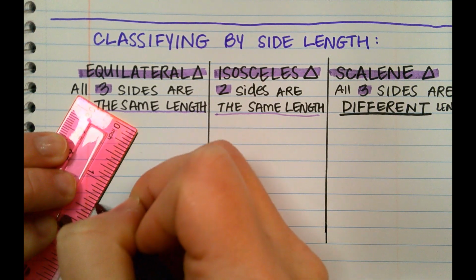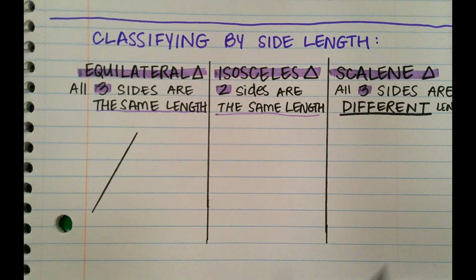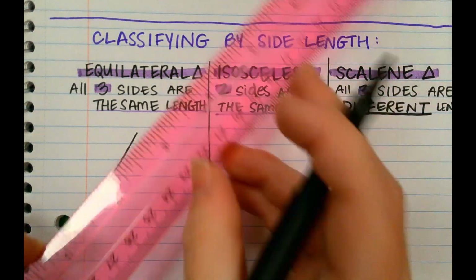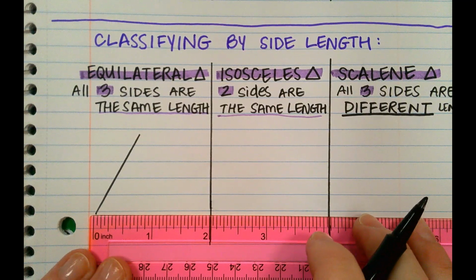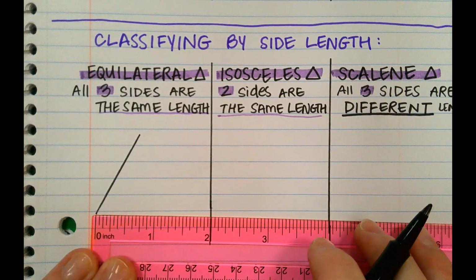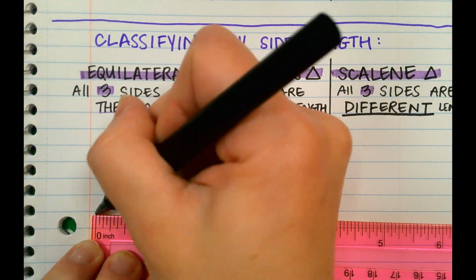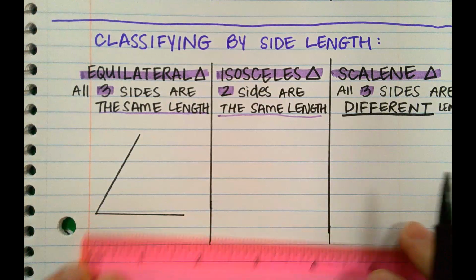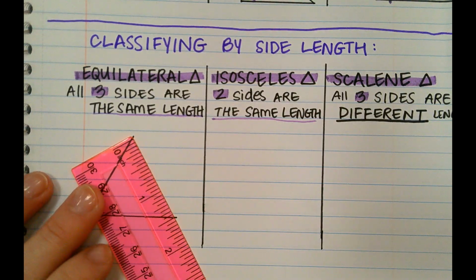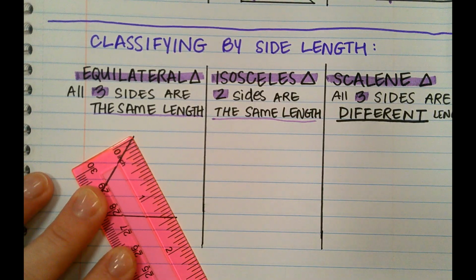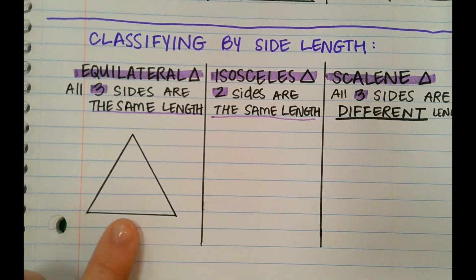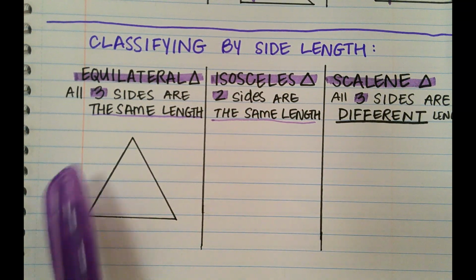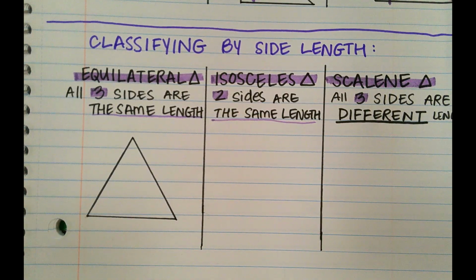That's okay if it's not perfect, but I'm gonna put the line here. Let's see. 1.5 inches. Then I'll do another 1.5 inches. If I guessed right, then I should, oh, yes, okay, good. 1.5. It's okay if it's not perfect, but we have three sides that are the same length.